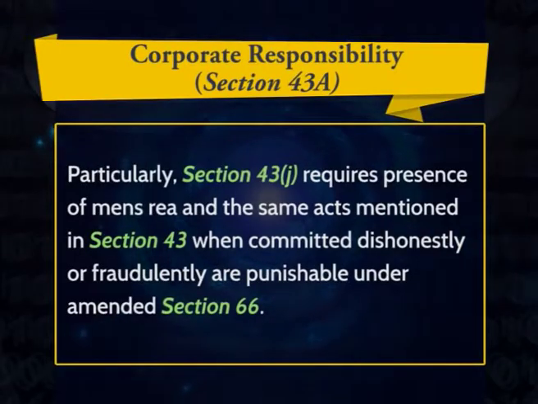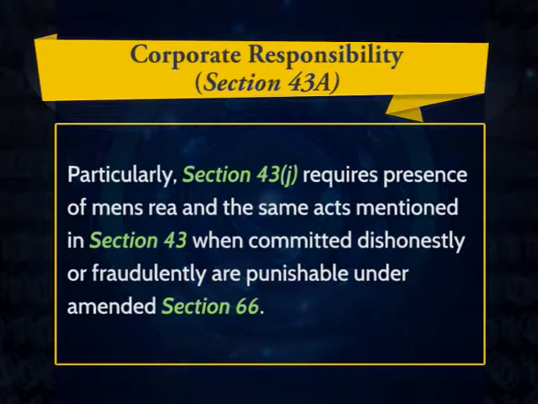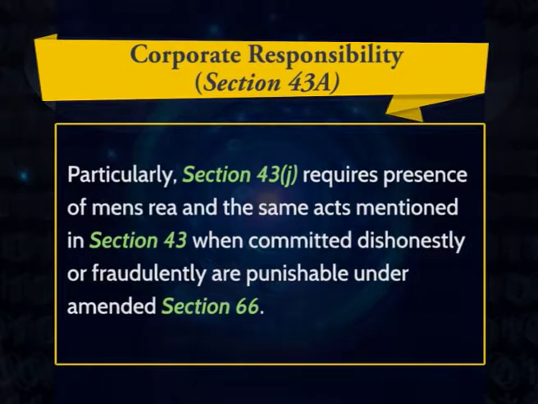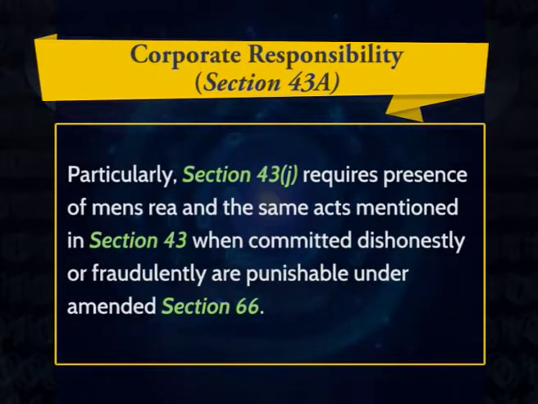In my opinion, one major diversion from the earlier IT Act is the fact that the amended section 43 has the insertion of section 43 subclause i and j in the amended Act, which may require an element of mens rea with actus reus. Particularly, section 43 subclause j requires presence of mens rea, and the same acts mentioned in section 43 when committed dishonestly or fraudulently are punishable under amended section 66.